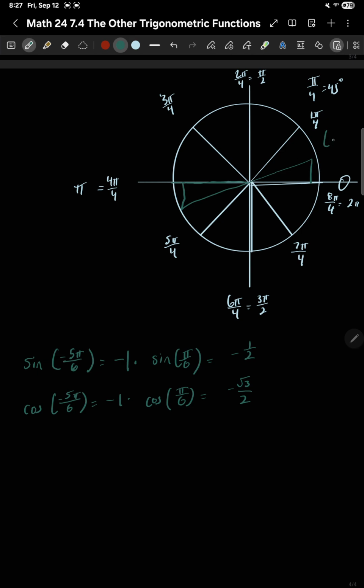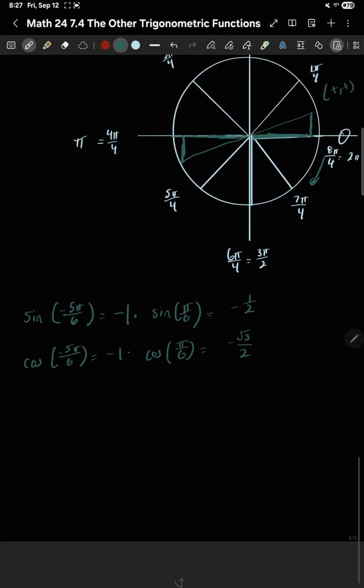So what we had here was positive for the height and for the base, because x and y are both positive in the first quadrant. But in the third quadrant, where our angle negative 5 pi over 6 is, remember, we have to rotate clockwise. The base and the height are both negative because x to the left is negative and y down is negative.